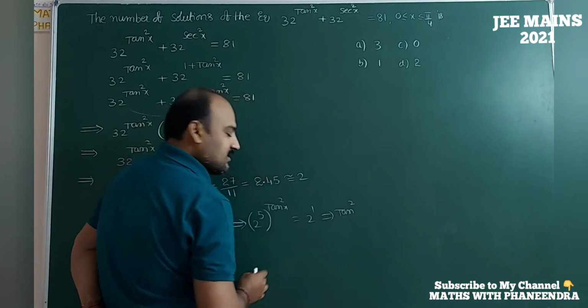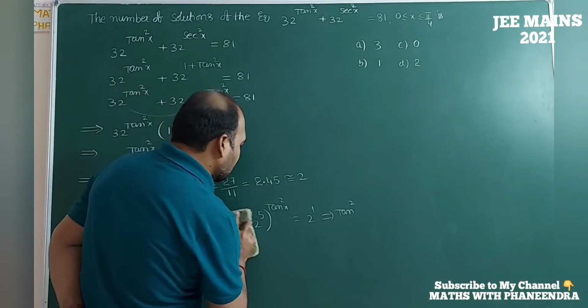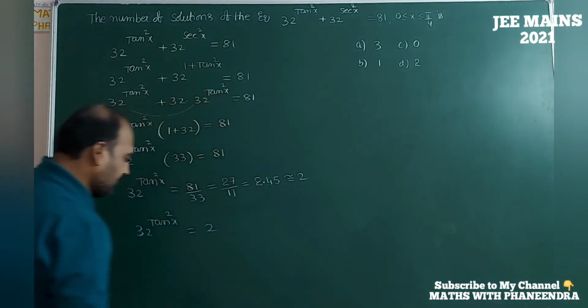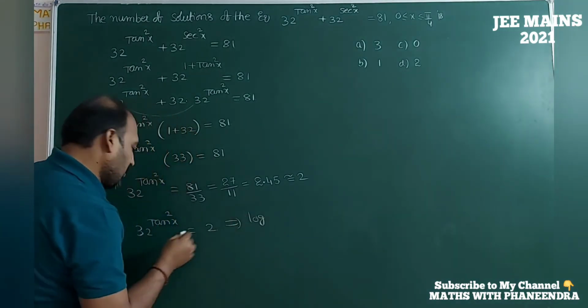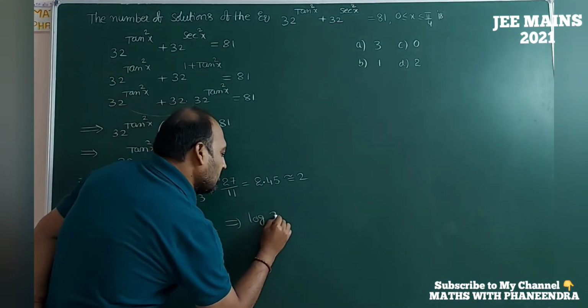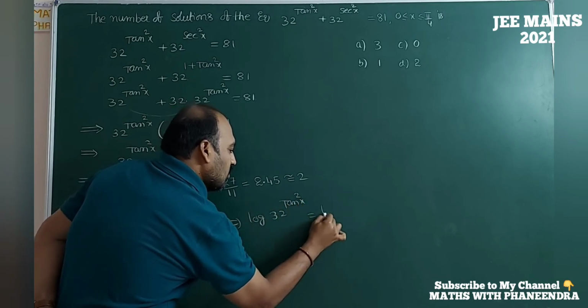Instead of taking powers, it is better to do logarithm, that is easy. Why? Because if you take log on both sides, log 32 power tan square x is equal to log 2.